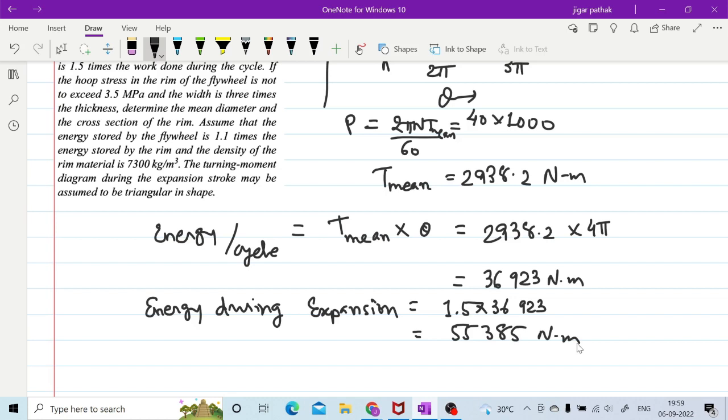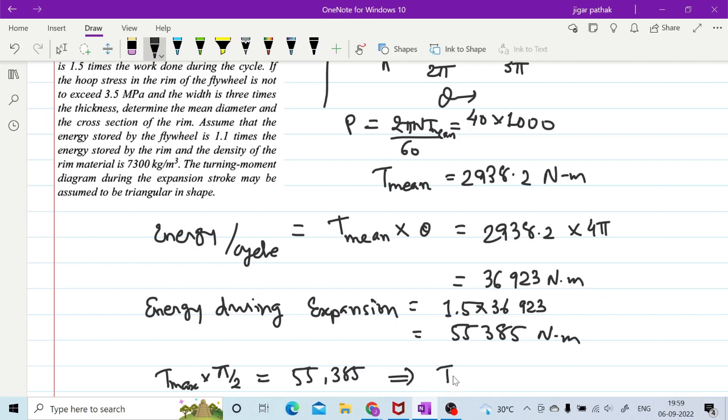Right? Now see, T max into theta will be your maximum fluctuation, right? So T max into theta, that is pi by 2, will be equal to this energy you have calculated. So it will give you T max.